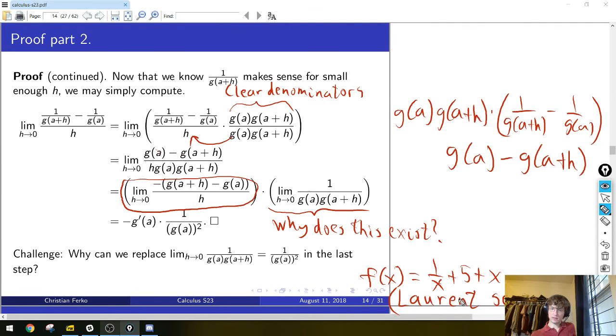Of course, you have to be careful with these functions because they blow up at 0. You can't plug in 0. These aren't well defined everywhere. So a Laurent series is not continuous everywhere like a polynomial is. Polynomials are continuous everywhere. This obviously isn't. But even though they're not continuous everywhere, you can play some mathematical games and still extract useful information from them, even though they're not well defined everywhere.